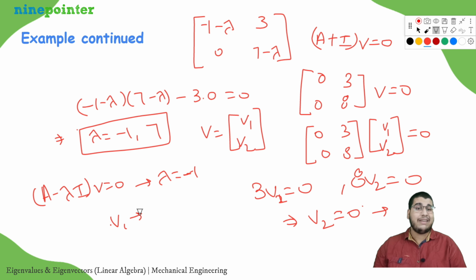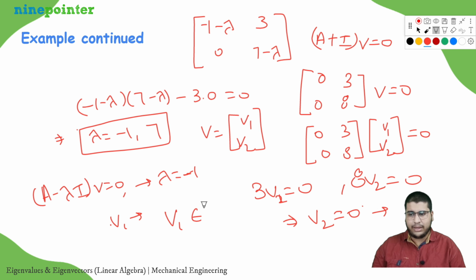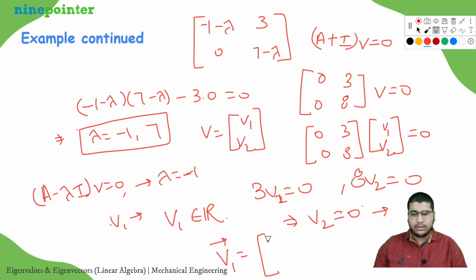So this means that there will be multiple eigenvectors for this given matrix. So v1 may be any value along the real numbers. So the general form of your eigenvector corresponding to lambda 1 will be v1, 0, right?